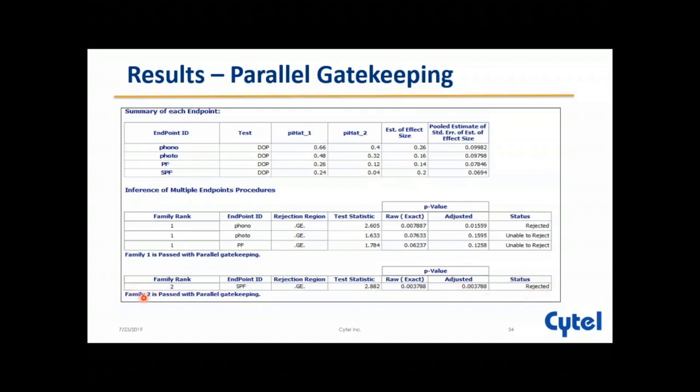So we can say that family 2 is also passed with parallel gatekeeping. So the treatment is significantly different than the placebo, or better than the placebo. So in multiple endpoints test, we have seen the exact method of parallel gatekeeping and serial gatekeeping.